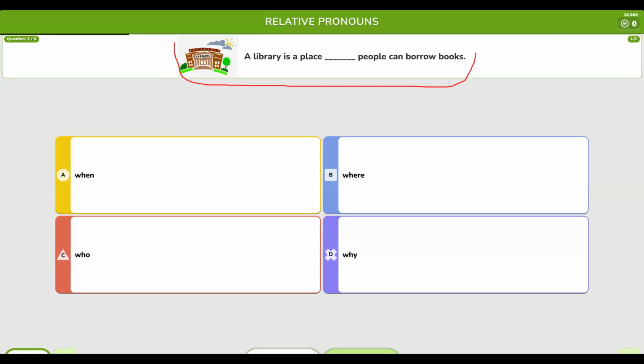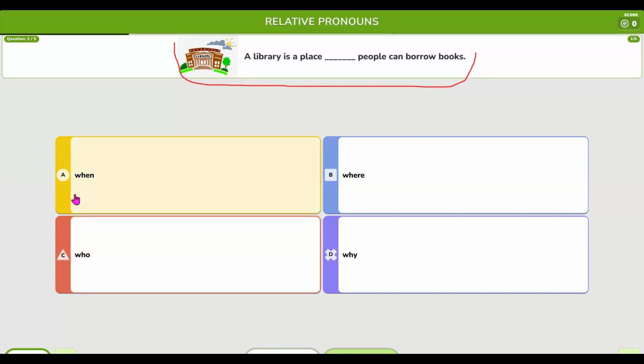A library is a place where people can borrow books. Okay, it is a place. It is when, where, who, or why. Who? It's a place. Who? A person or people.